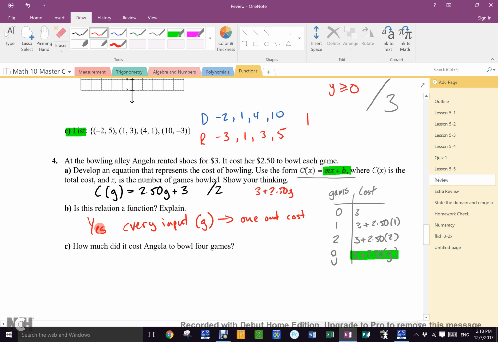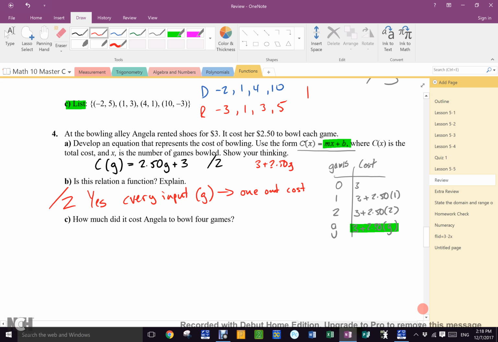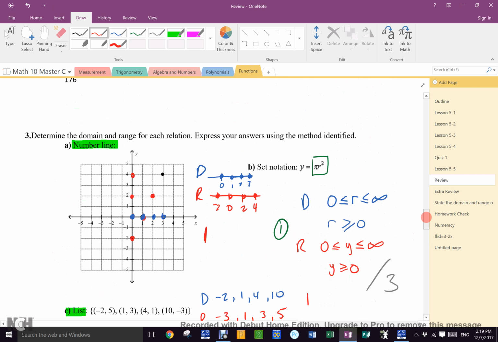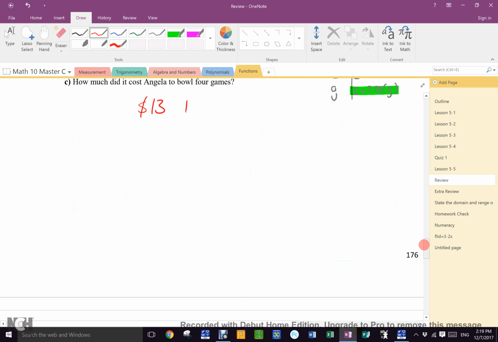Okay, it is 2 marks. It's 1 for the yes and 1 for the explanation. Nice job. And finally, for 1 mark, how much did it cost Angela to bowl 4 games? $13. Dang. Making that out of 5, and 3 is 8, making that page out of 8.